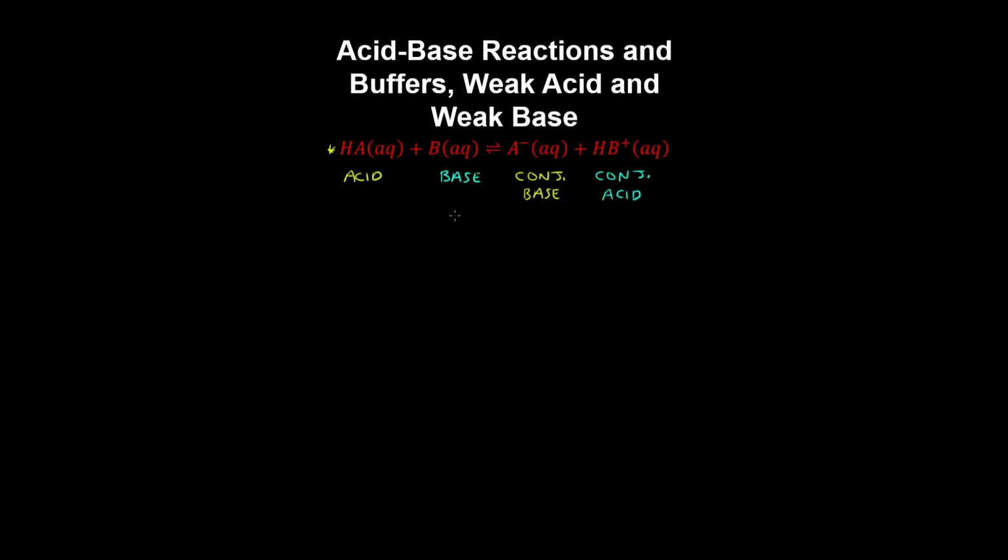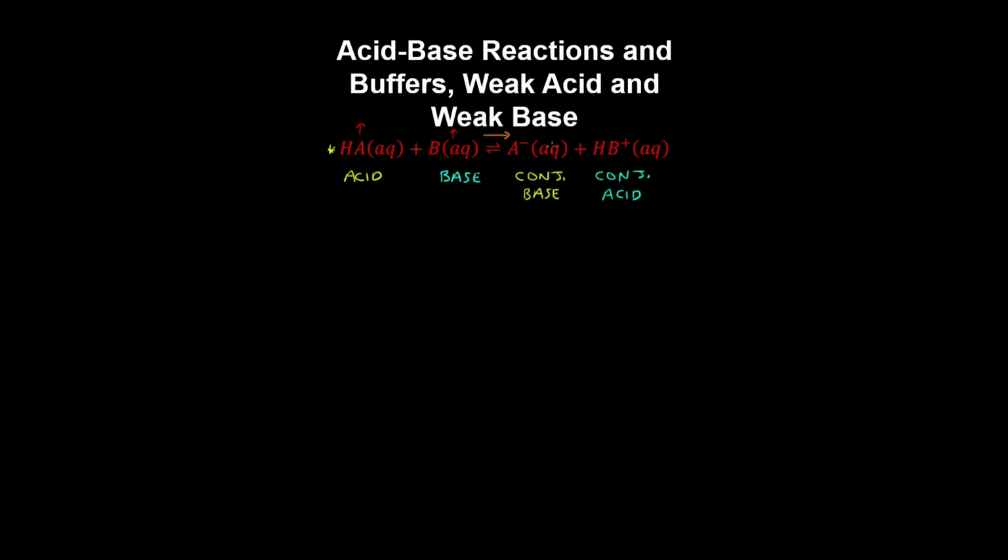Now given that strong acids and bases dissociate more, if the strong acid and base are on the left hand side, then their concentration will increase in the solution and the reaction would shift to the right.